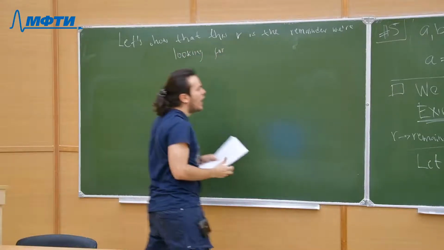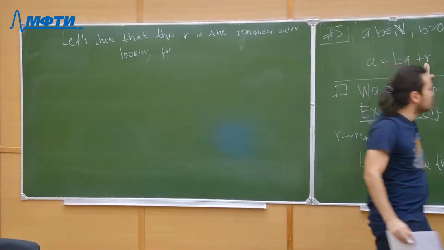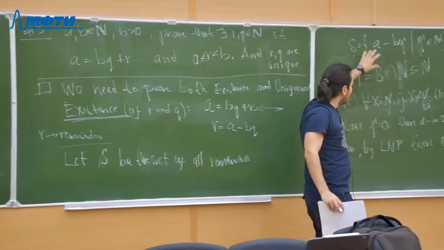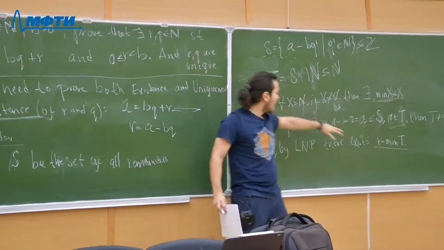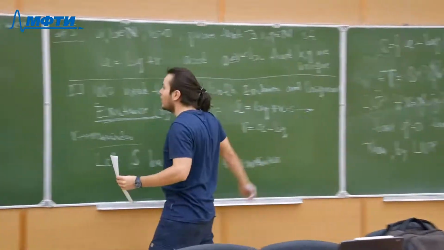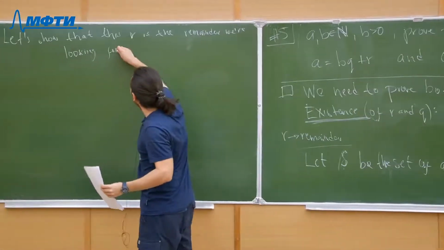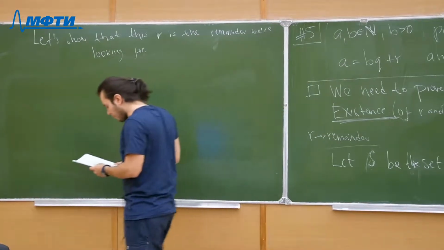Right, because we have to prove that this R exists. We have already proved that, and we have shown that for this set we have some element R. Now we have to show that this R is the remainder that we say exists.